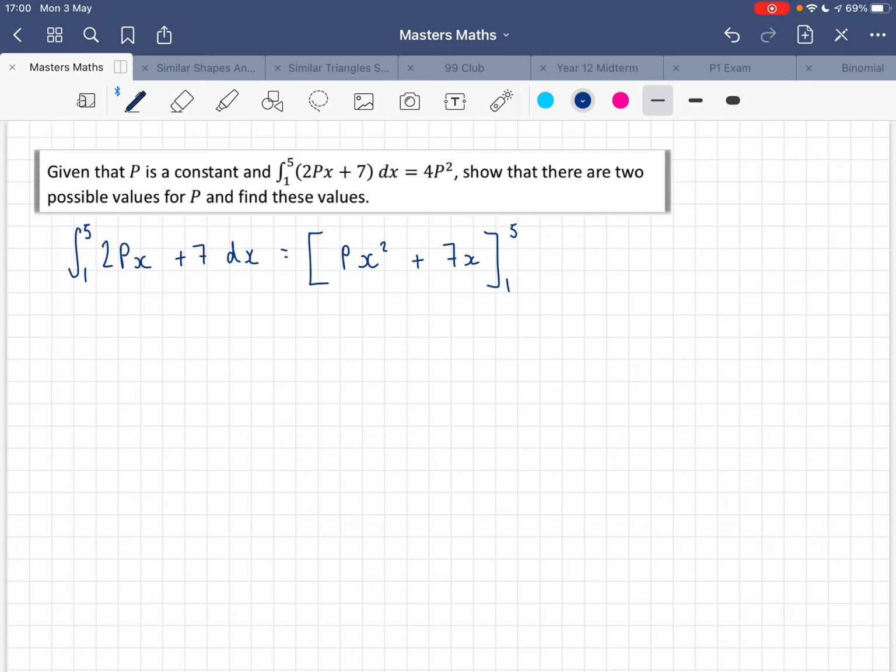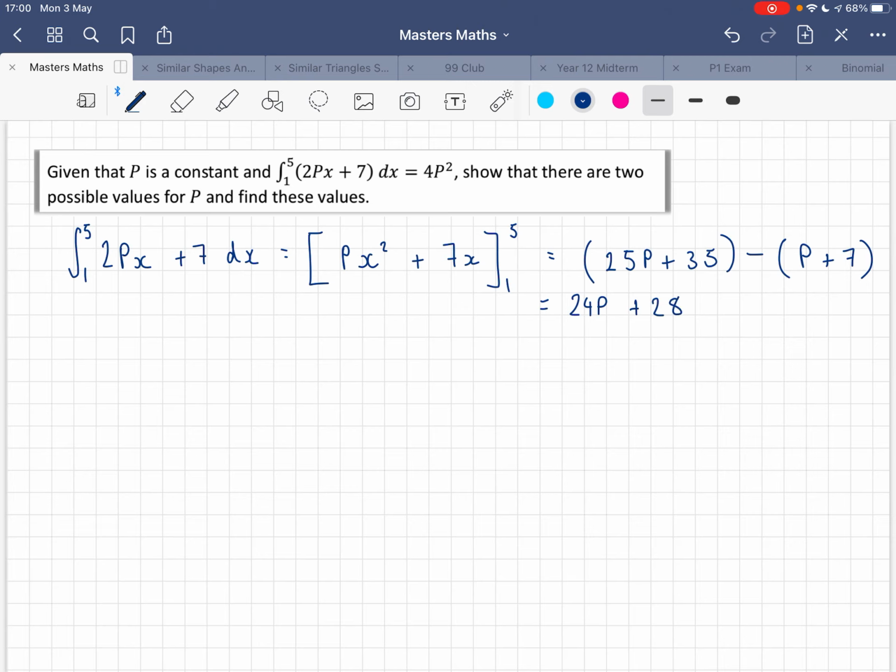We're going to evaluate it between 5 and 1, which means I get 25p plus 35 minus p plus 7. So I've got 25p minus p is 24p, and 35 minus 7 is 28.